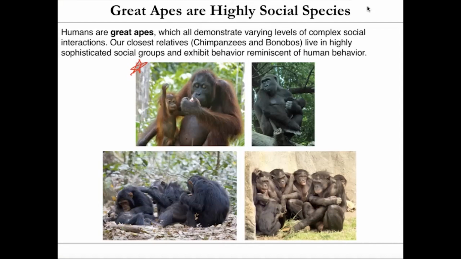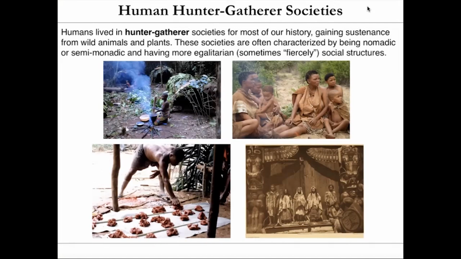But all of this behavior is very reminiscent of human societies, and is why studying the social behavior of our great ape relatives is such an active field of research. Now, something that I really want to emphasize, and I think is a really important point for understanding human societies in general, is that humans have lived as hunter-gatherer societies for most of our history.